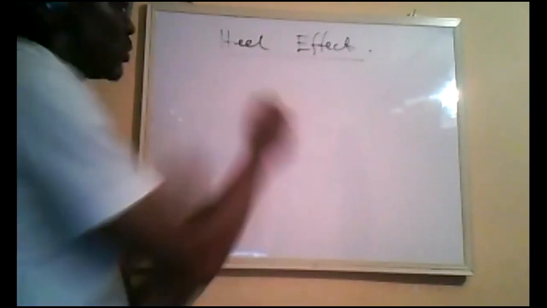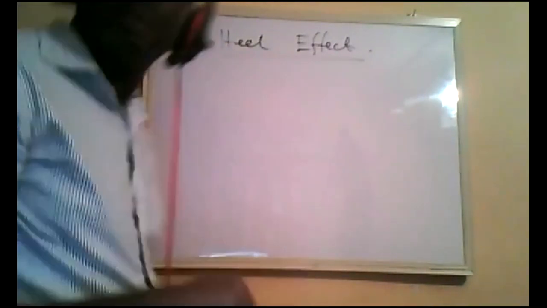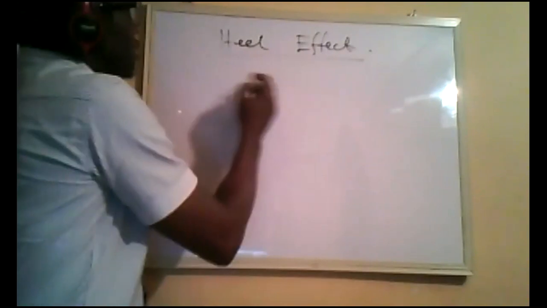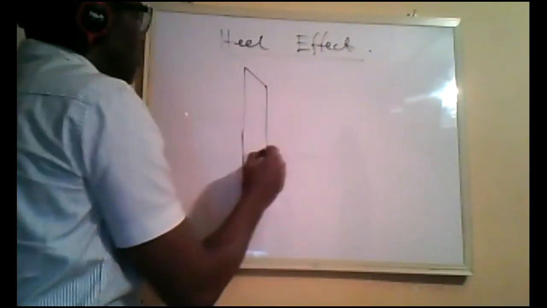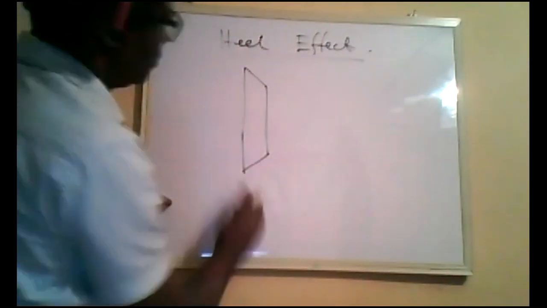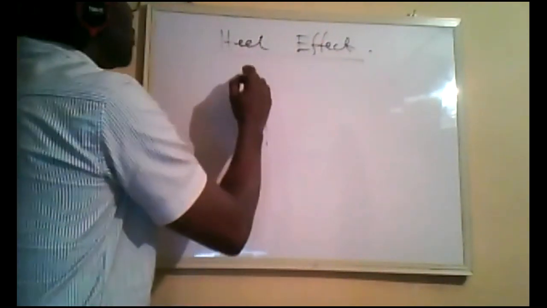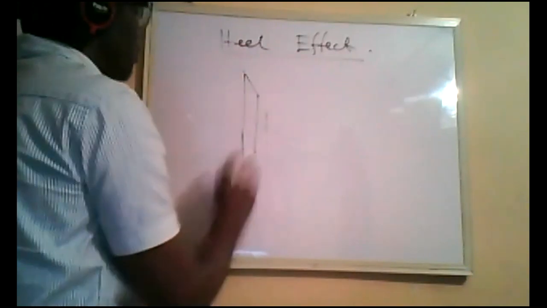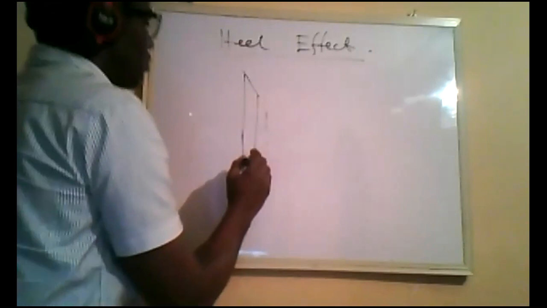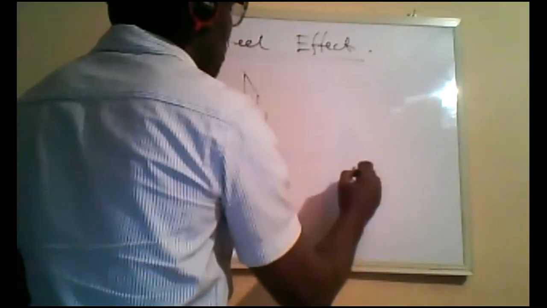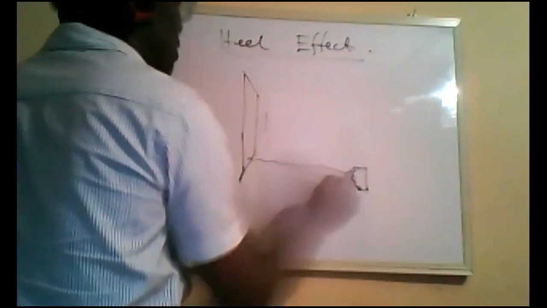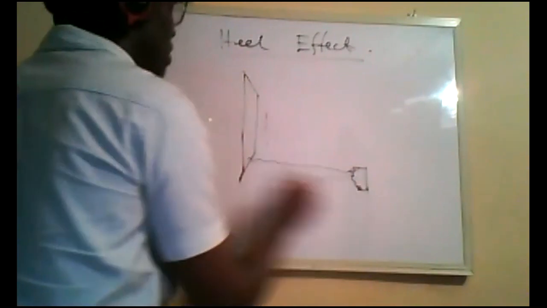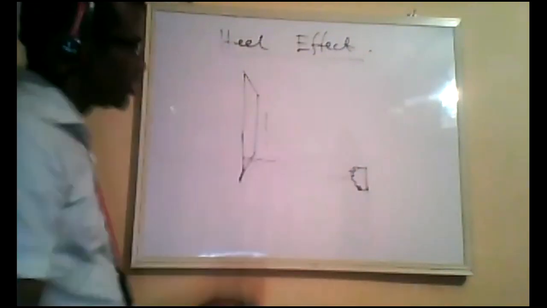Why is it so? Let's see. If we have electrons, how many of them come down here, impinging on this anode?